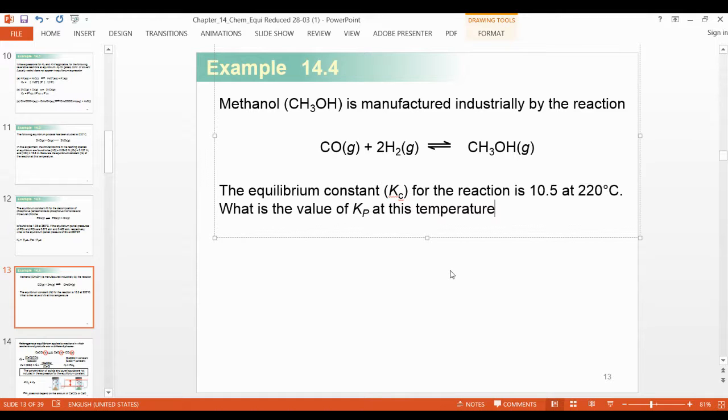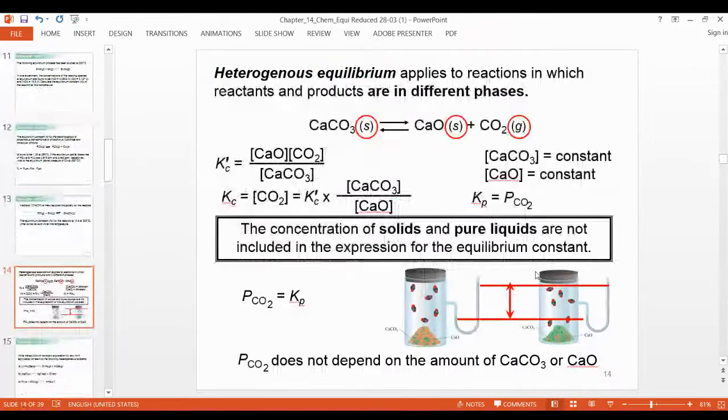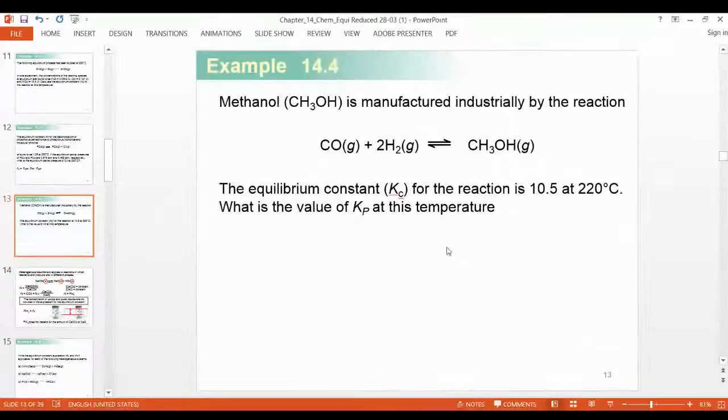Okay. Another example we have. Suppose we have this nitrogen gas.